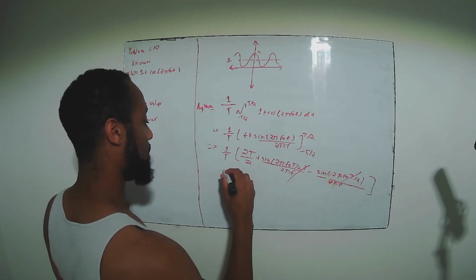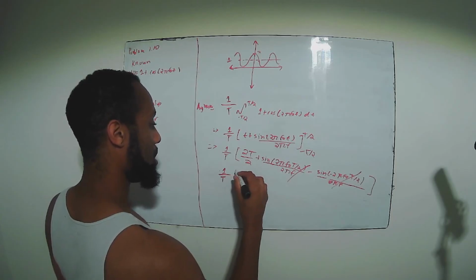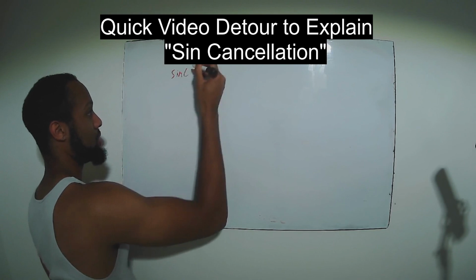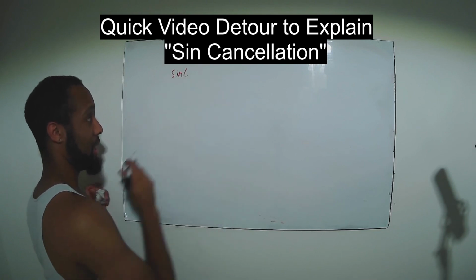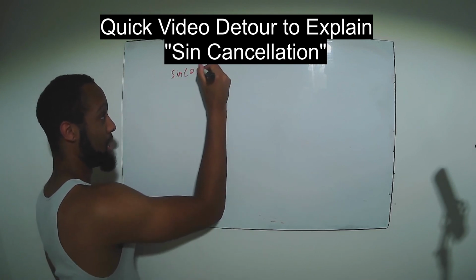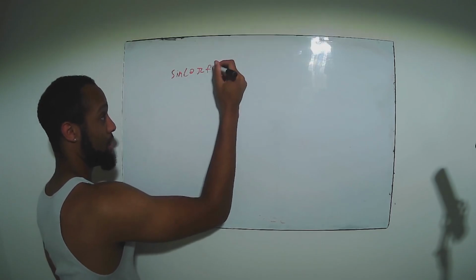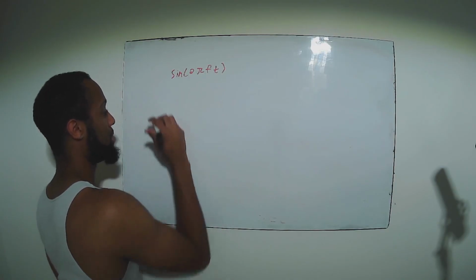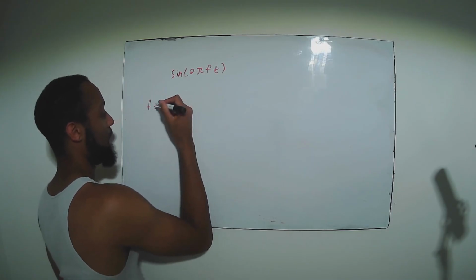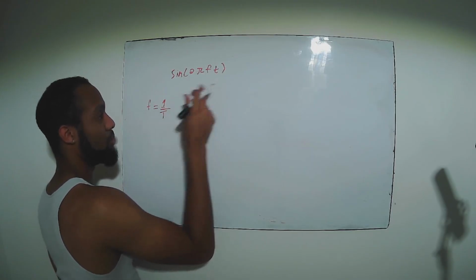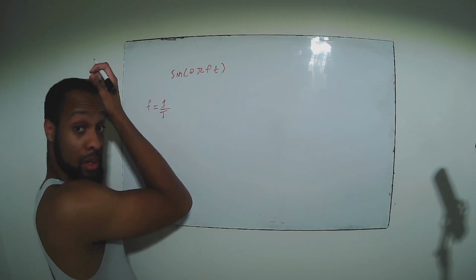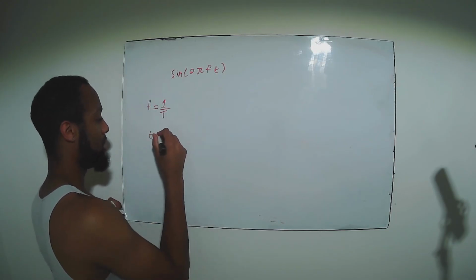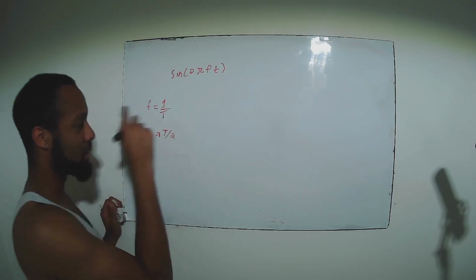So we end up with 1 over T, and then a lot of people say the sines cancel. What I mean is, when you have sine of 2 pi f t, let's say f is equal to 1 over T, and you plug in, for example, T over 2 for t.